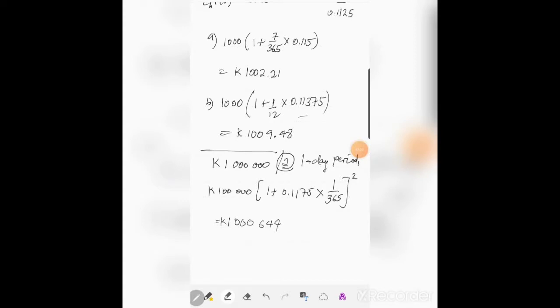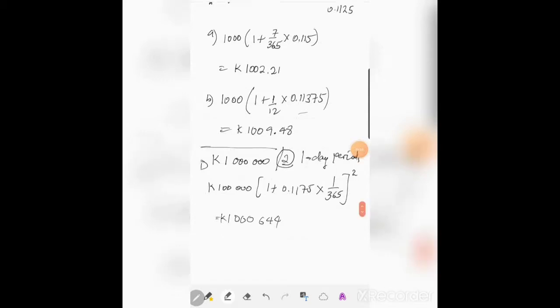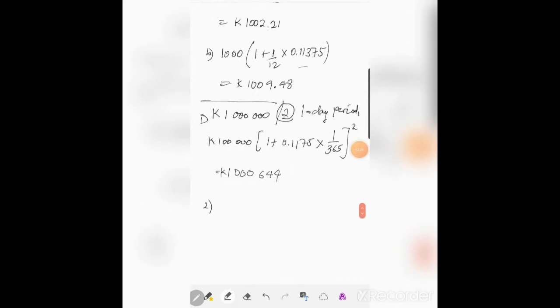Whereas if we invest for a single 2-day term, is it going to give us the same? For the first one, it is 2 successive 1 day periods. What about if we have an investment for a single 2 day term?